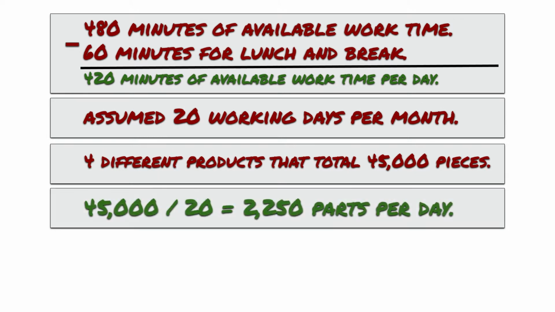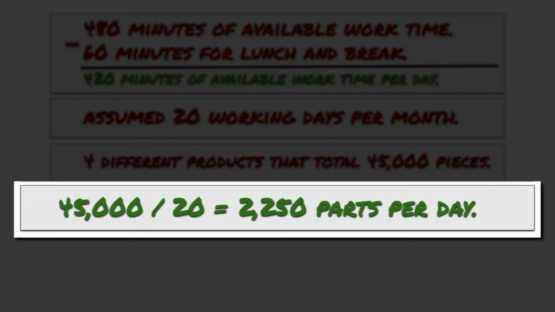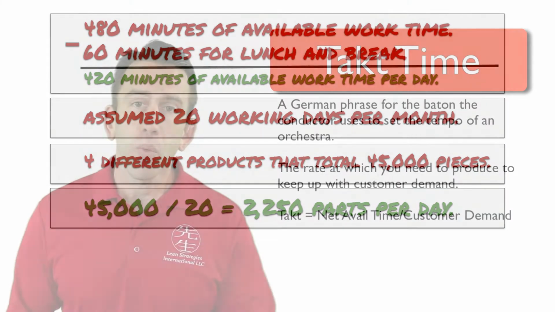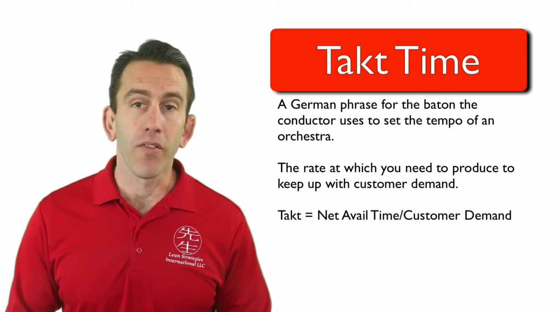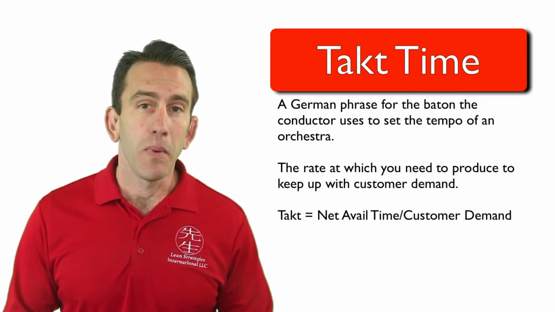Our first step would be to divide the 45,000 pieces by the number of days per month to get the average daily quantity. 45,000 divided by 20 equals 2,250 parts per day.